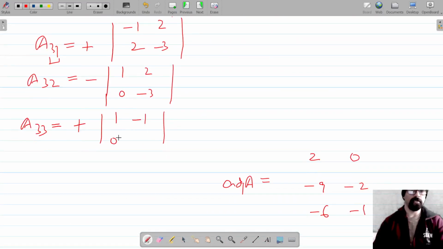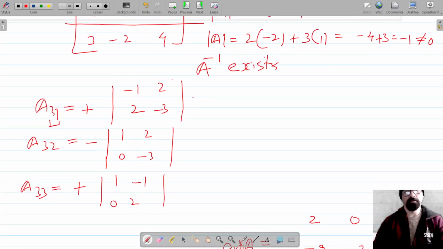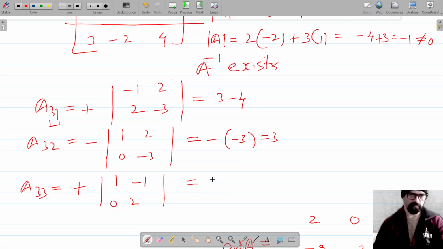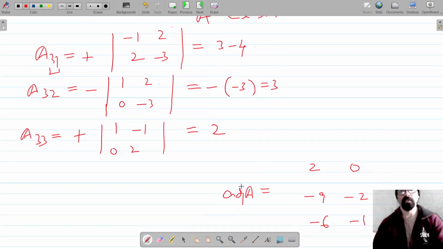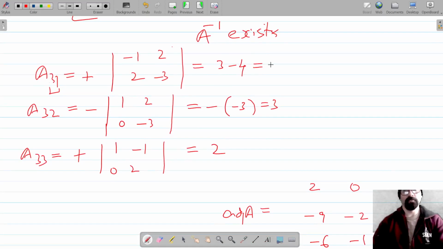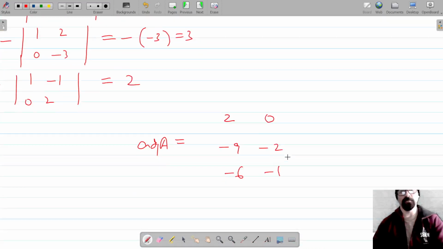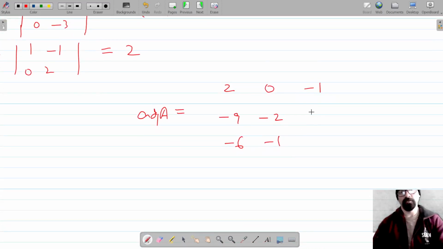This gives negative 1, 3, and 2. So that is the adjoint.